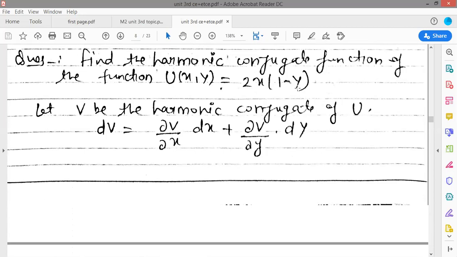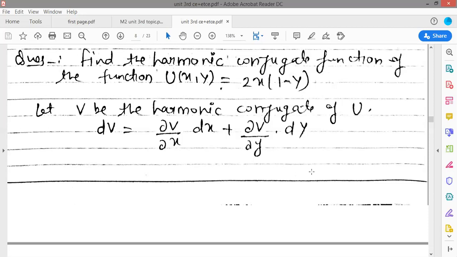As I told you, u and v are both functions of x and y. So let v be the harmonic conjugate of u, then dv is equal to del v upon del x into dx plus del v upon del y into dy.